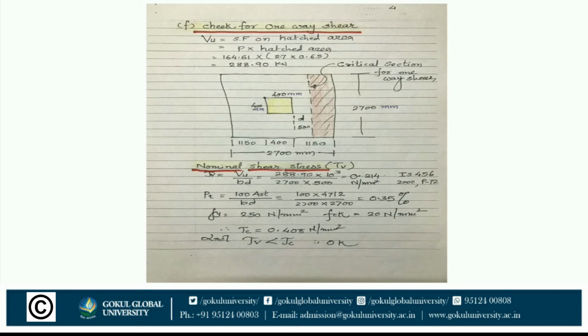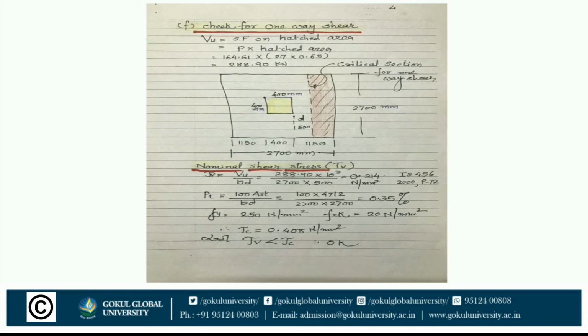So shear force Vu is equal to shear force on hatched area, P into hatched area. P is equal to 164.61 into hatched area, which will be 2.7 into 0.65. Vu is equal to 288.9 kilonewton.